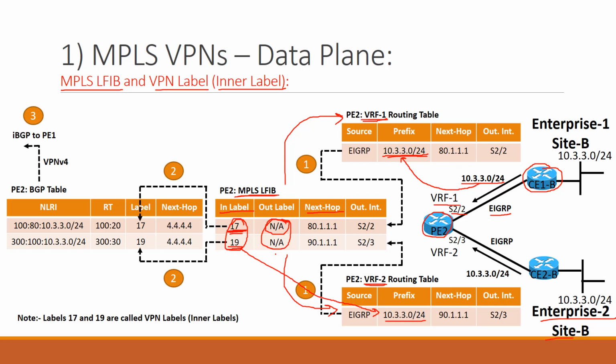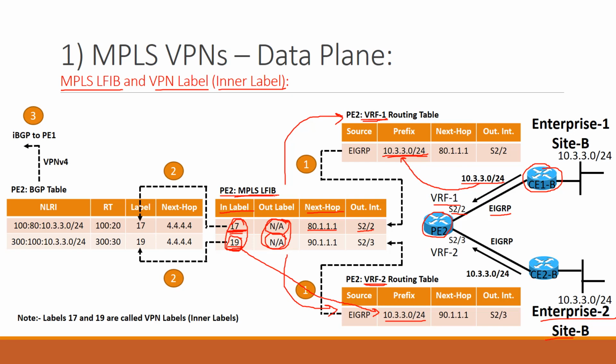Similarly, if PE2 receives a labeled packet with inner label 19, the action will be to remove the label and send the packet to this next hop. For label 17 in the inner label, out of interface serial 2/2 to CE1, customer edge 1-B. And similarly for label number 19.